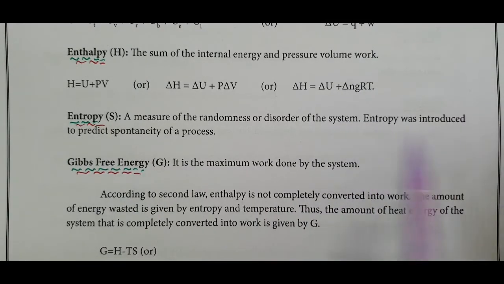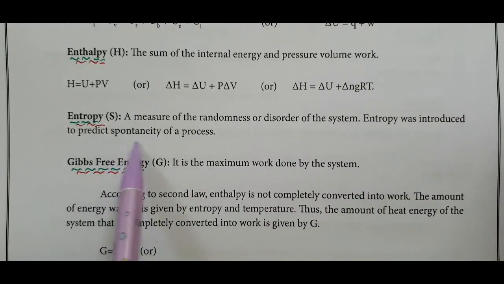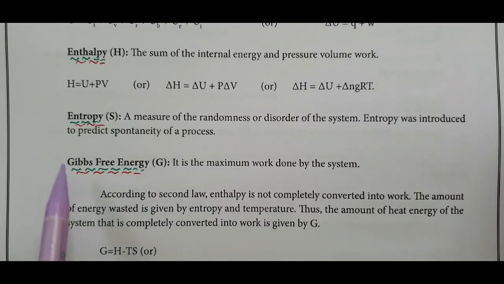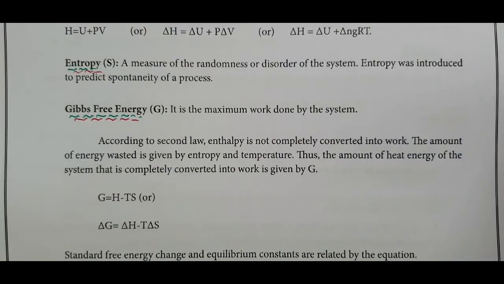Entropy was introduced to predict spontaneity of a process. Gibbs free energy G. It is the maximum work done by the system. According to the second law, enthalpy is not completely converted into work. The amount of energy wasted is given by entropy and temperature.